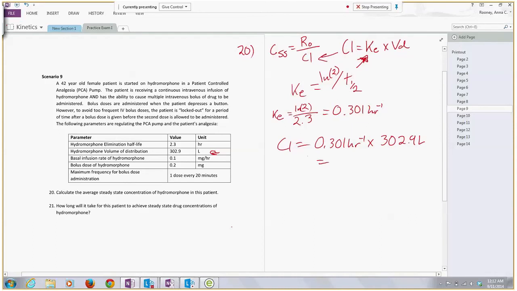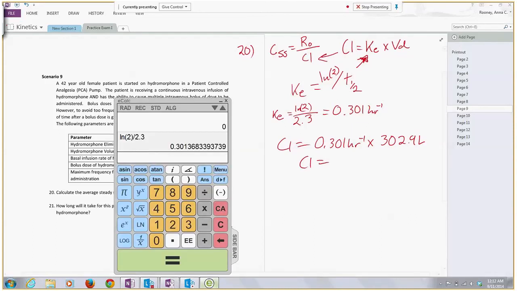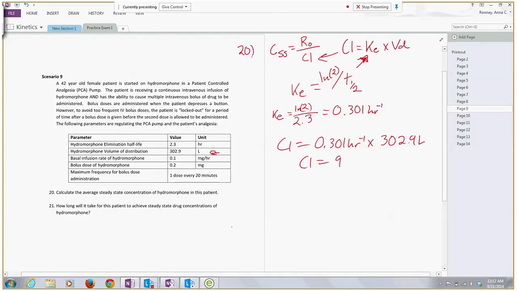So our clearance, if you calculate that in, oh hey, never mind. 91.28 liters per hour.